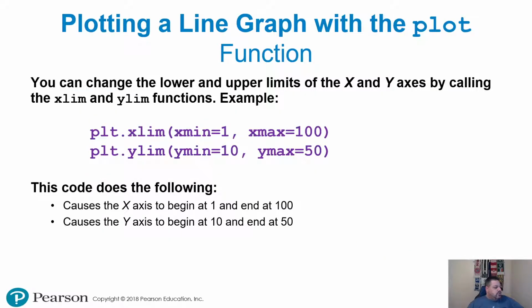There's other things you can do. You can change the upper and lower limits with these commands, xlim and ylim. And then you give it a range, 1 to 100 in this case for the xmin and xmax. So again, plt.xlim, and then 2 parameters, xmin equals 1, xmax equals 100, and the same thing for y. In this case, 10 and 50 to change your x and y axis, respectively.